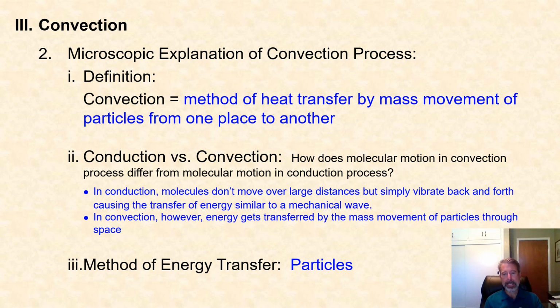Well, so we're finding out here that convection really involves the transfer of energy through space via particles, whereas we said thermal conduction involves a transfer of energy through space via mechanical waves. So convection involves the transfer of internal energy from a high temperature environment to a lower temperature environment through the mass movement of matter, the mass movement of particles.